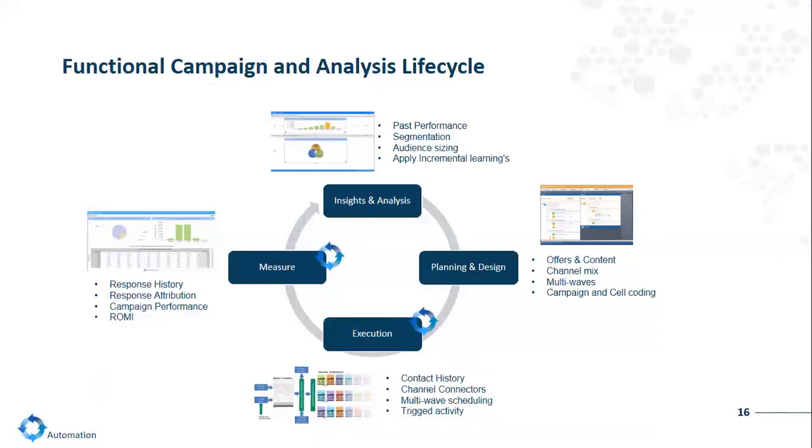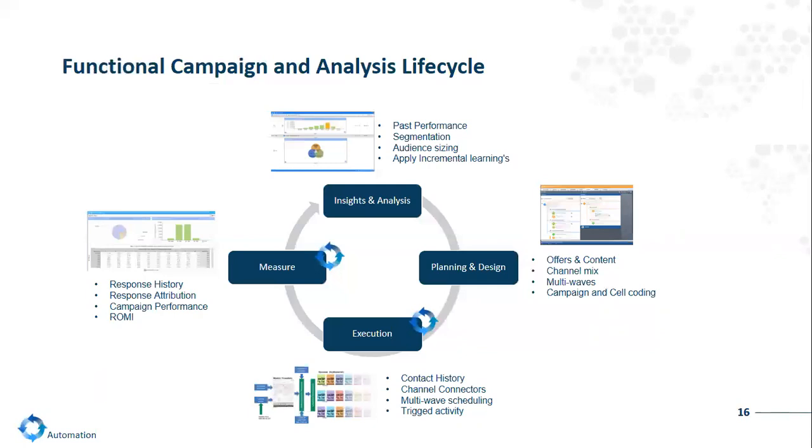Okay. So that was the first step, which is really focused on activity and the data and the customers. And then the next set of activities is to look at usage of software. And from an Alterian point of view and a campaign lifecycle, we look at these four key areas: insights and analysis. So it's understanding past performance, segmentation, where the opportunities are within your data. Then moving through to planning and design.